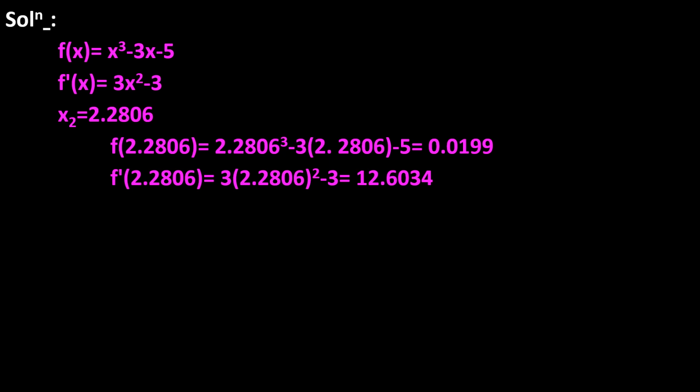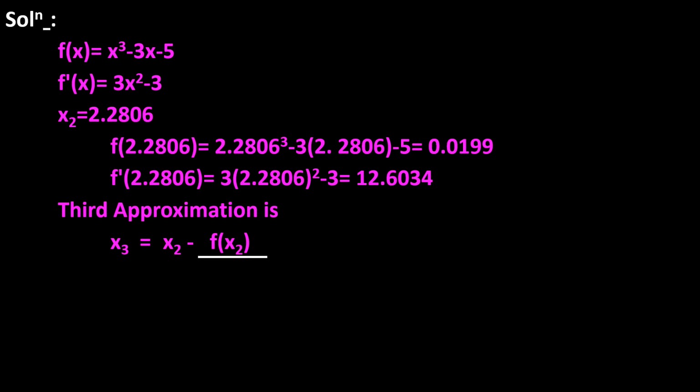Then the third approximate root. While writing the formula, as I told, x_{n+1} = x_n − f(x_n) / f'(x_n). Since it is the third approximate root, x3 = x2 − f(x2) / f'(x2).